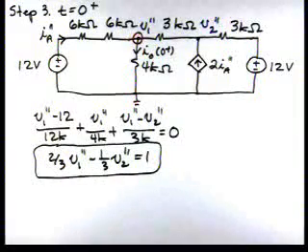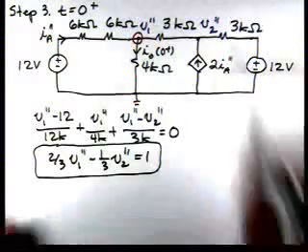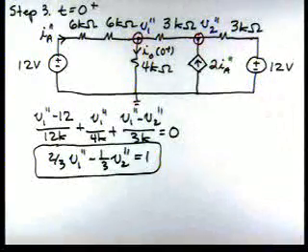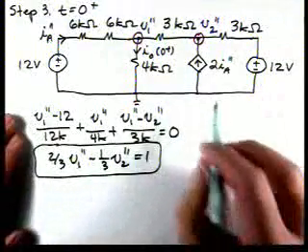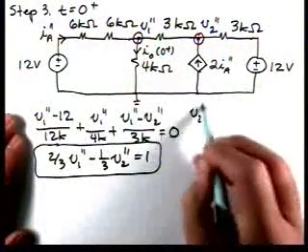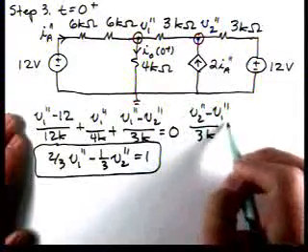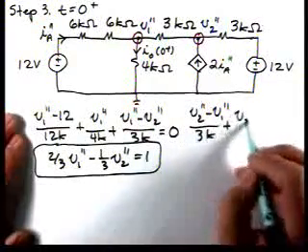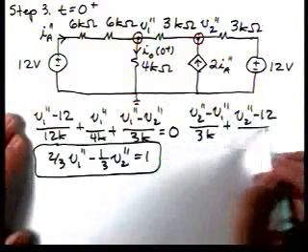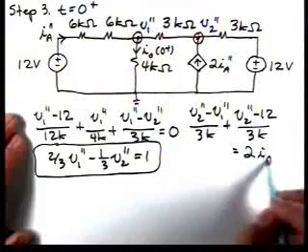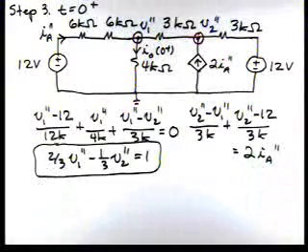Now let's go in and apply KCL here. And if we do that, we'll have V2 double prime minus V1 double prime over 3K plus V2 double prime minus 12 over 3K, and that's equal to 2IA double prime.